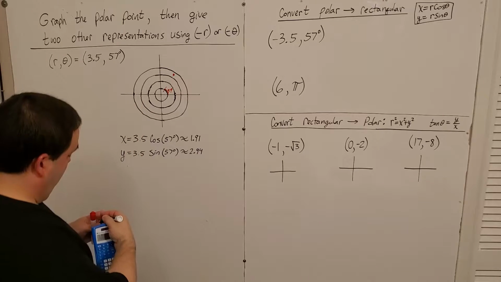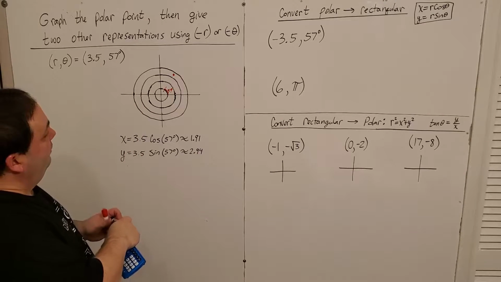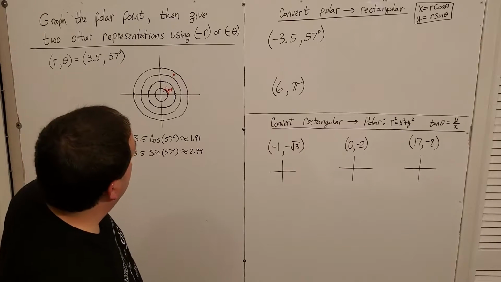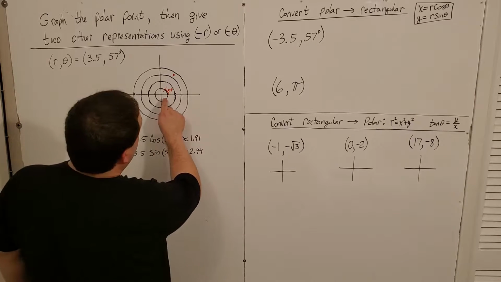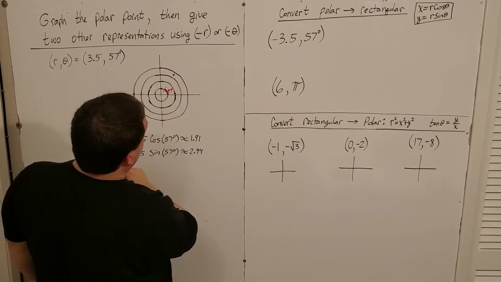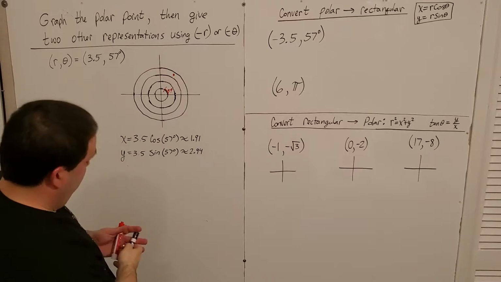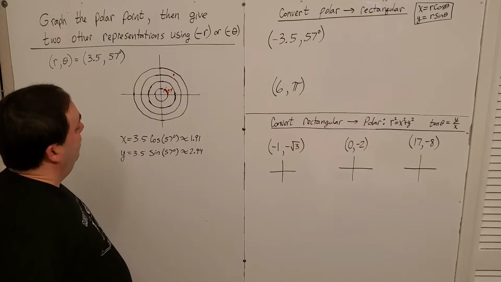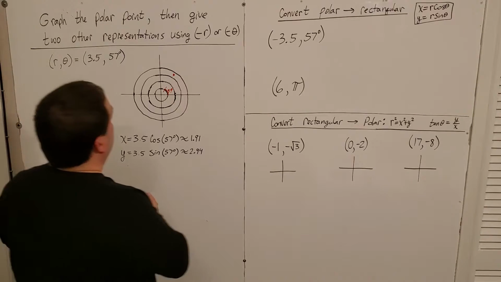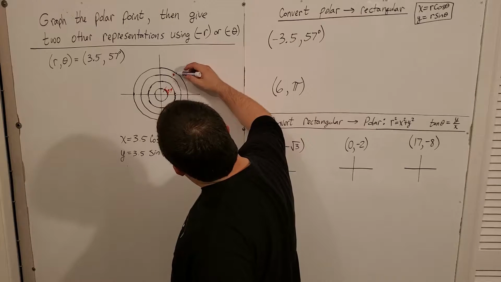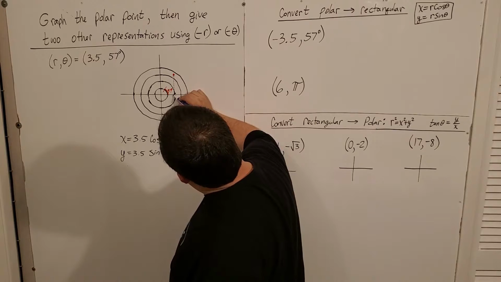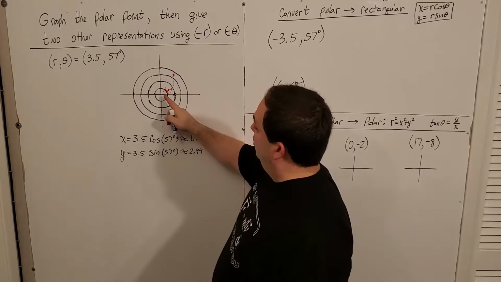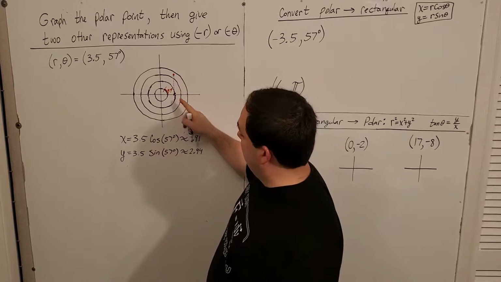2.94. Okay. Now the circles are up there for the polar, but they're also measuring, you know, on the axes as well. You can see, right? Right here, 1, 2, right? Something like that. You may not be able to see it right away, but if you look, this point right here is just to the left of this marker right here, which would have been the 2 marker on the axis, right?